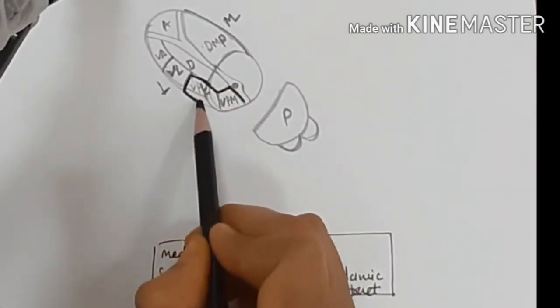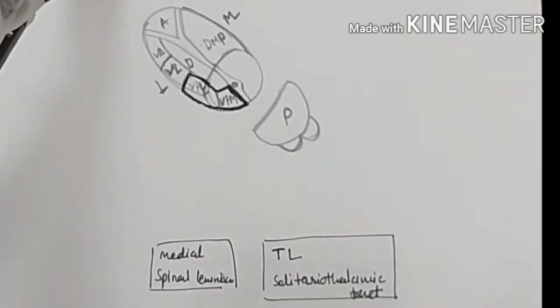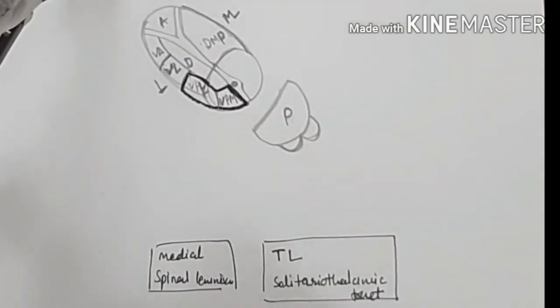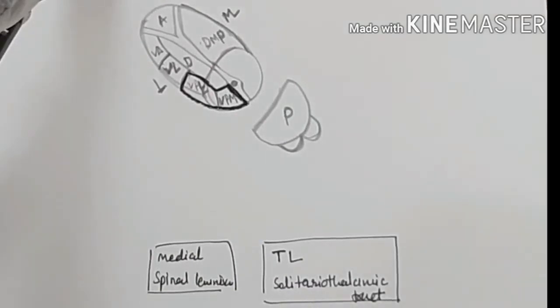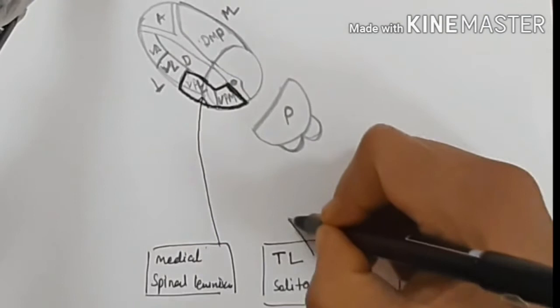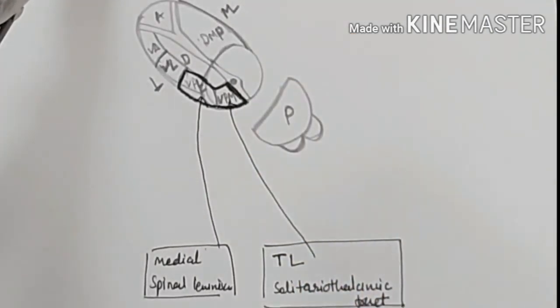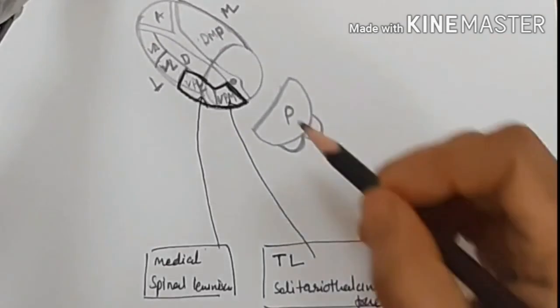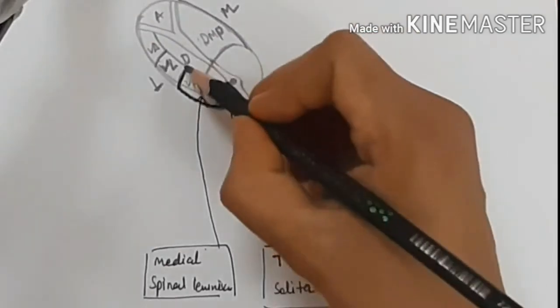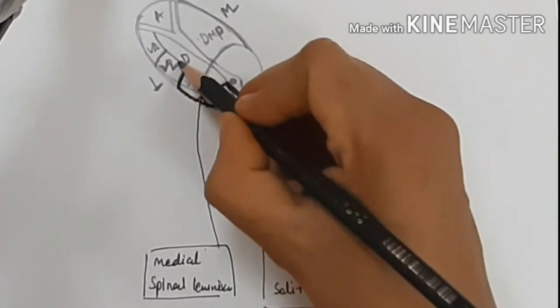Sensation from the face and chest through the trigeminal lemniscus and solitariothalamic tract relays into the posteromedial nucleus. Sensation from the whole body except the face and chest passes through the ventroposterolateral part.